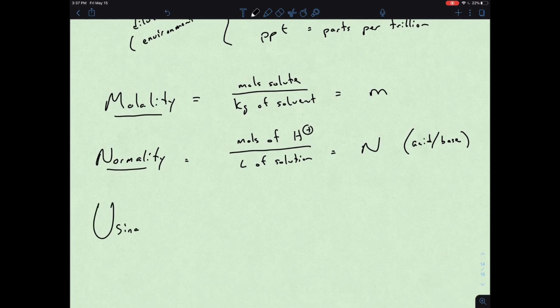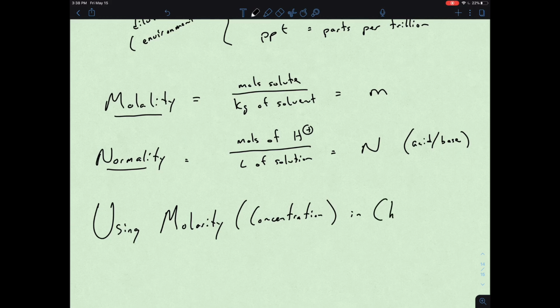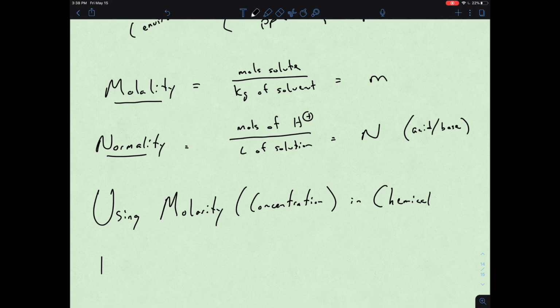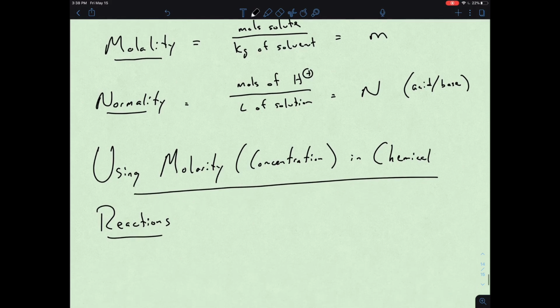Lastly, in this piece, what about using molarity or concentration in now chemical reactions? So we talked already about chemical reactions, right?